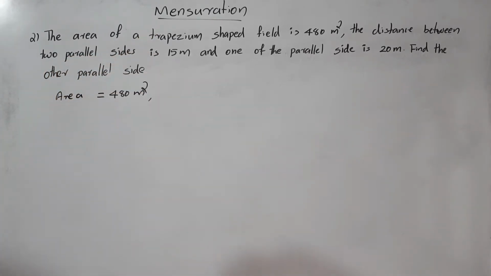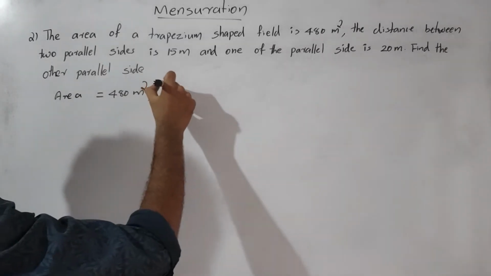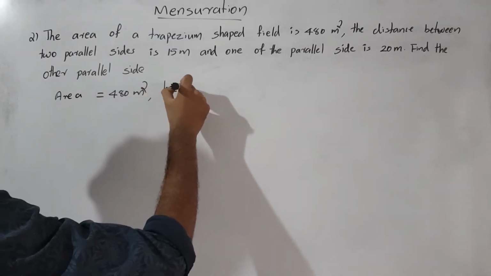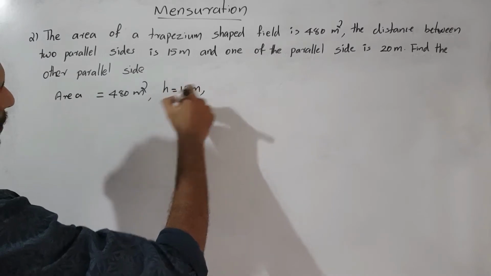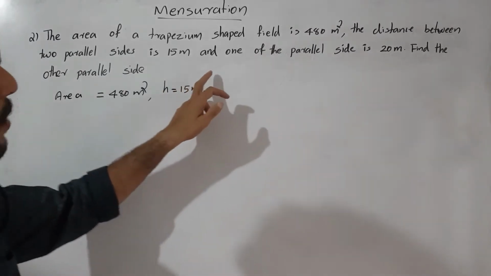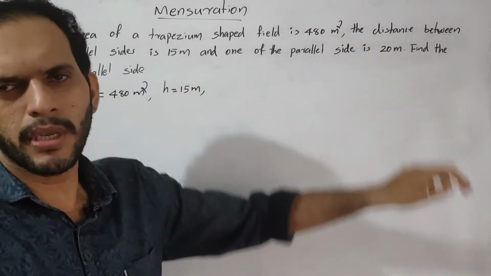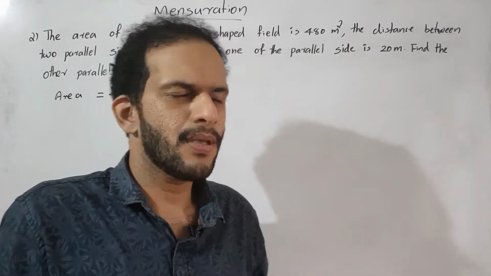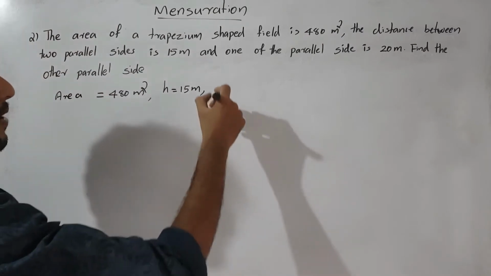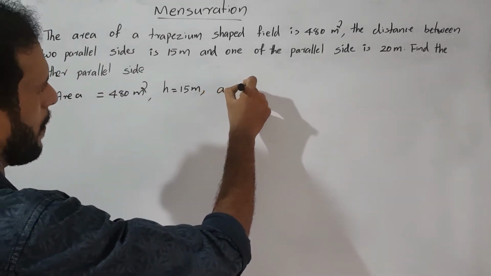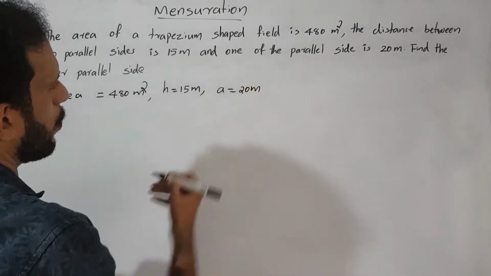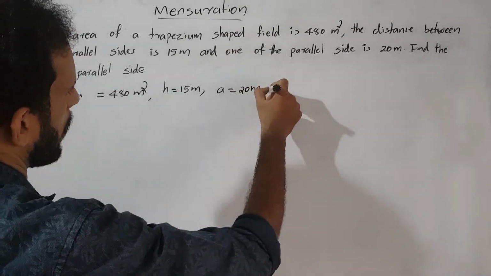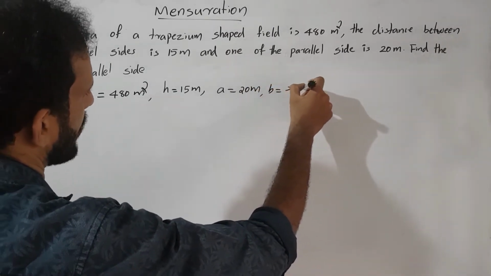We denote the distance between the two parallel sides by the letter h, so h is equal to 15 meter. One of the parallel sides is 20 meters. We use the letters a and b to denote the parallel sides, so we choose a equal to 20 meter. We don't know the value of b, so we choose b equal to x meter.